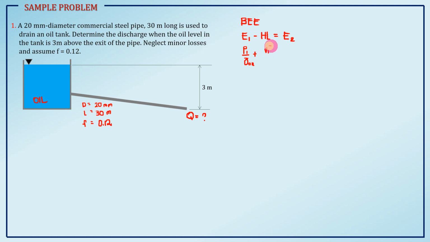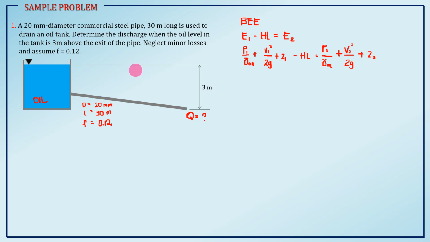Then we have V1 squared over 2g plus Z1, then minus HL, equal to P2 over gamma of oil, plus V2 squared over 2g, then plus Z2.